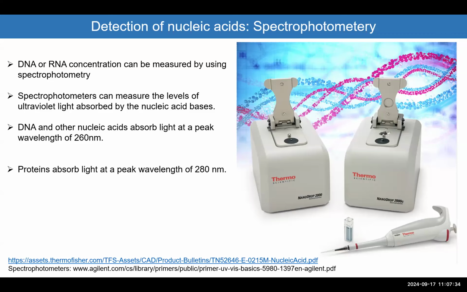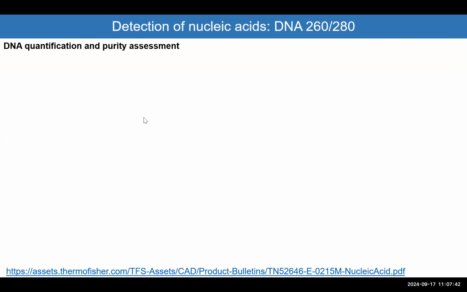But this is not 100% exclusive because we will see the mixing can make a lot of changes. So to assess the quality and the purity of the DNA and know the concentration, we have to look at the ratio of optical density at 280 and at 260.